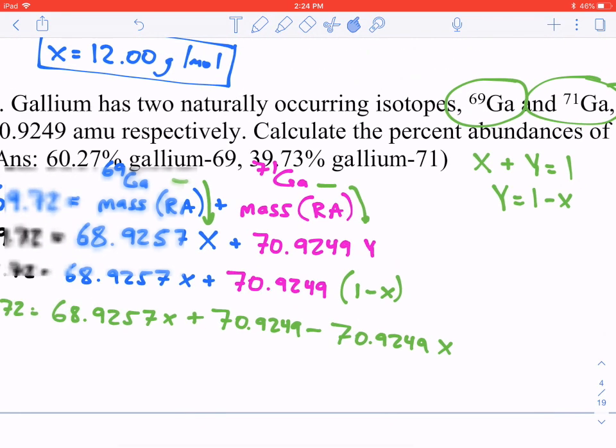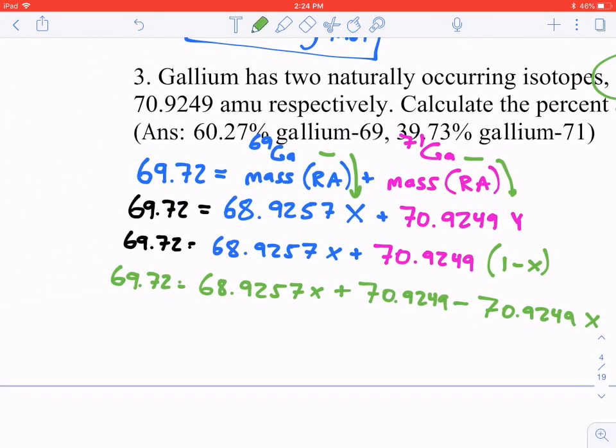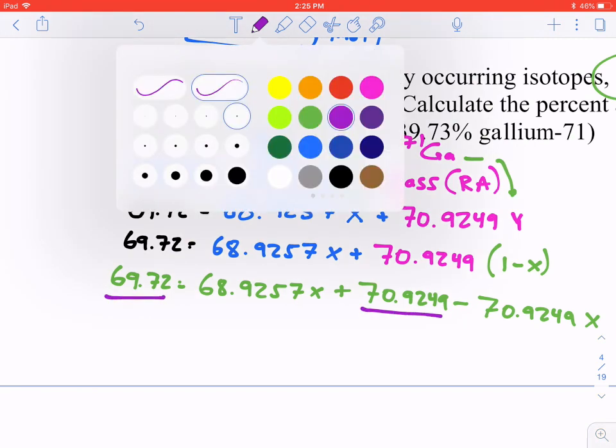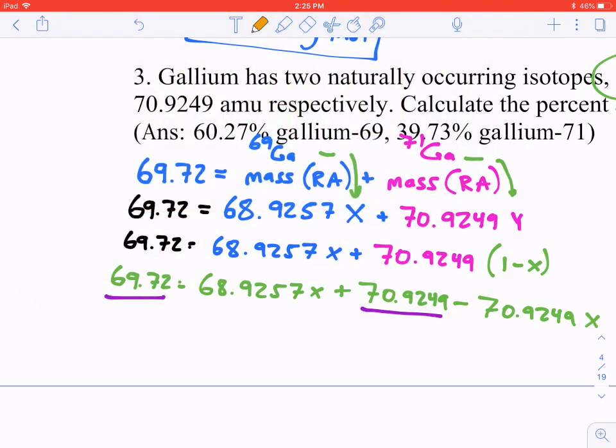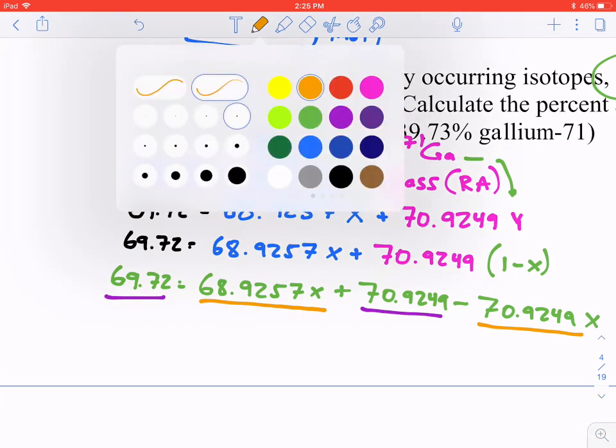So now in one step, you can do this on your calculator, I am going to combine the 69.72 and this 70.9249 by subtracting them, right? So I'll do that in purple. And then in another color, let's do orange, I will combine 68.9257x and 70.9249x, again by subtracting.